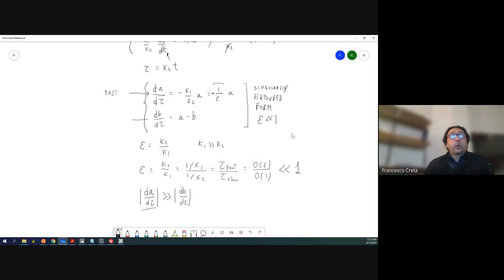And we will call, by contrast, B the slow species. So again, we wrote down this equivalent system by defining A as a fast species and B as a slow species. Very good.